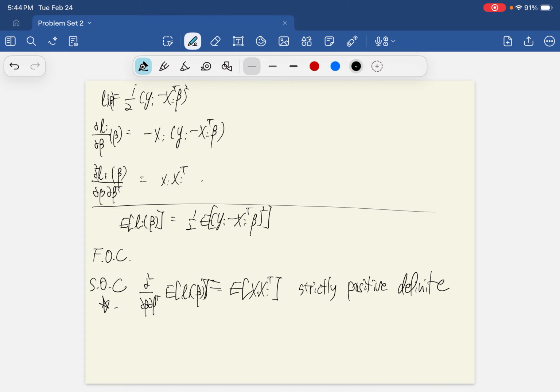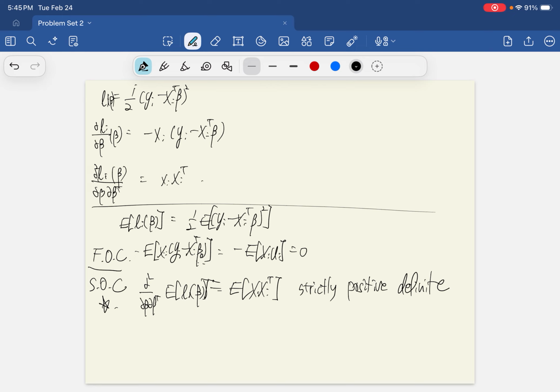That's good. Now the first order condition becomes minus the expectation of xi times (yi minus xi transpose beta). If you plug in beta 0, then it becomes minus the expectation of xi ui, so it is 0.